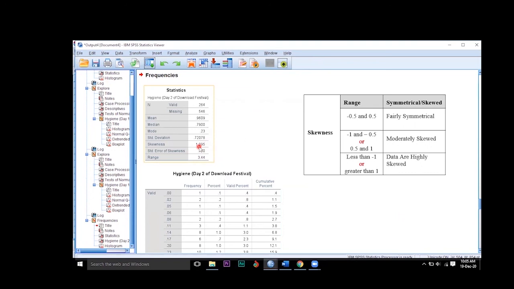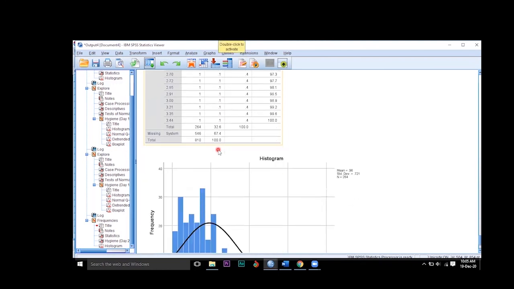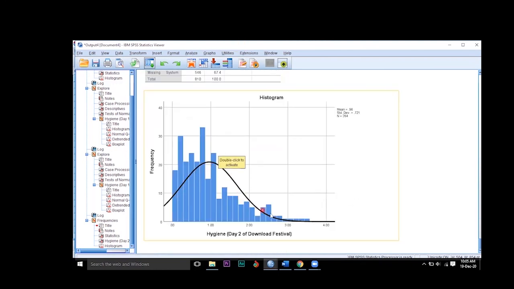Rule of thumb 3: if the value of skewness is higher than 1, the data are not normal. The same thing is there in the graph, which shows a big long tail, which shows the data are non-normal. So through the table and graphically, we prove the data are non-normal.